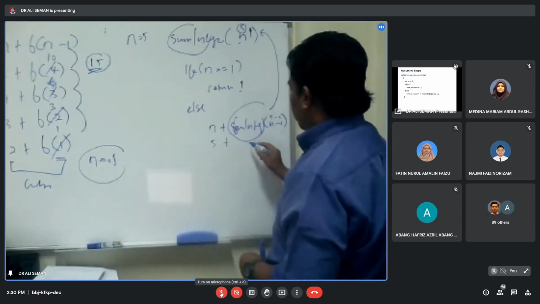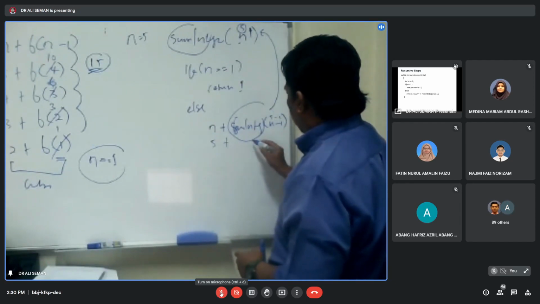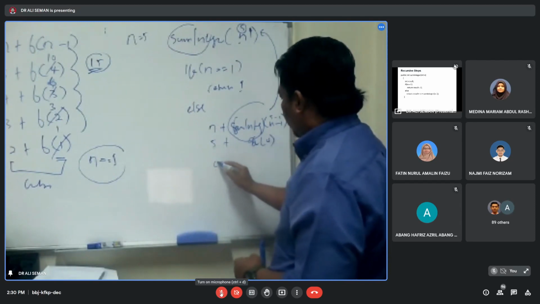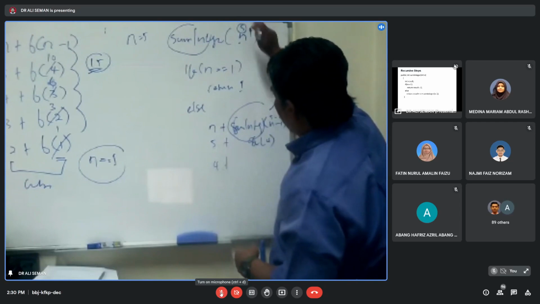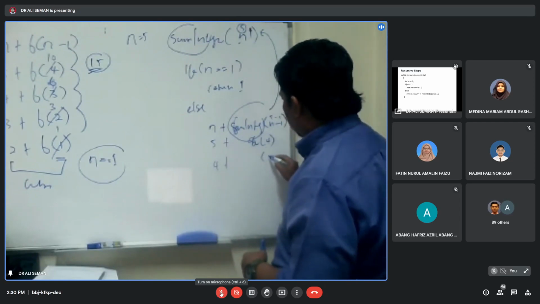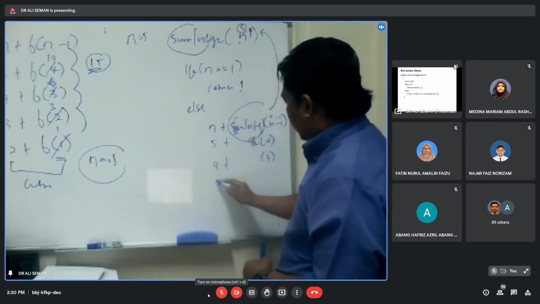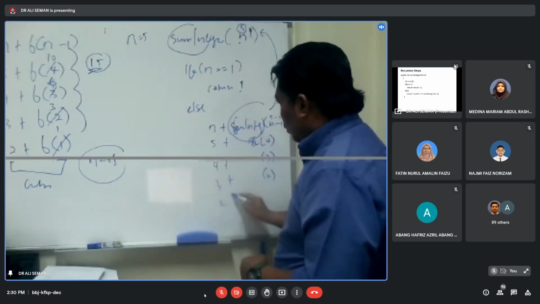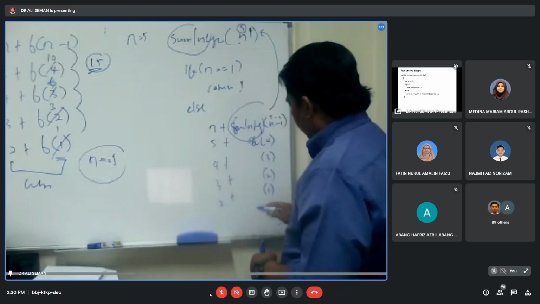Finally, this becomes sum integer 4, because n equal to 4, sum integer here is 3, and this 3 plus sum of 2, and after that 2 plus 1 here.